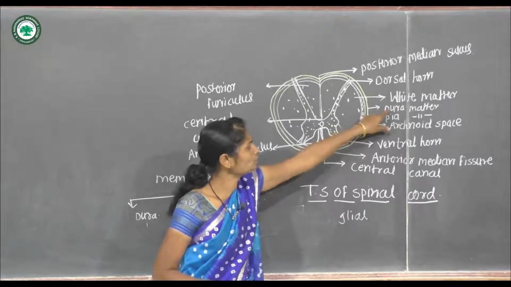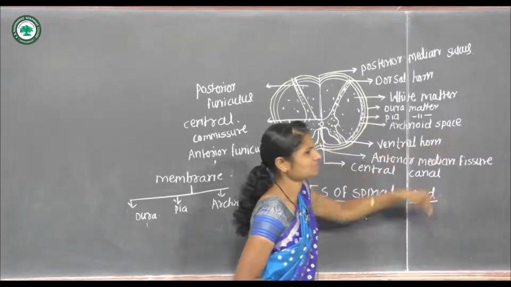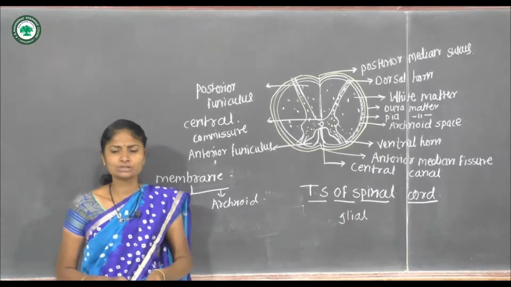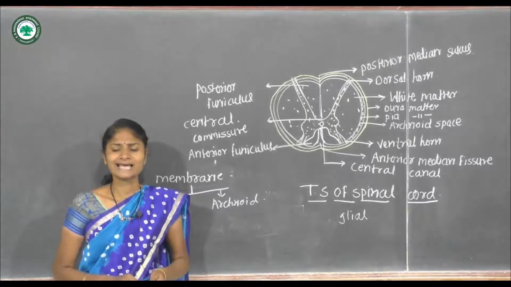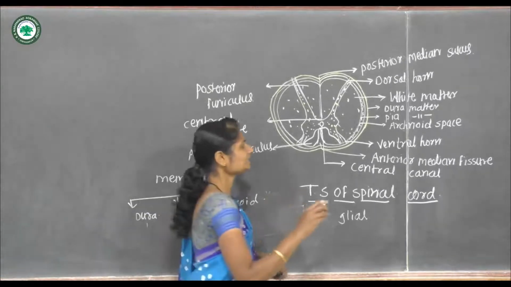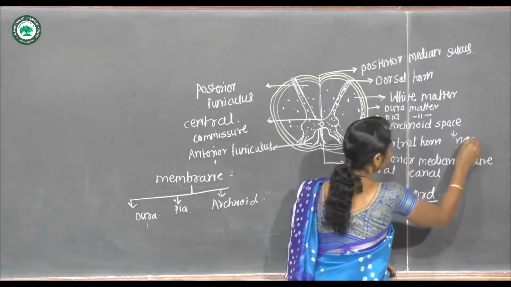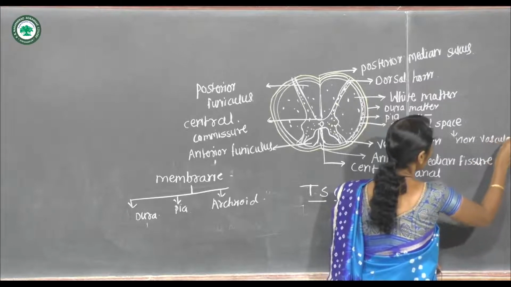In between the dura mater and pia mater, the arachnoid space is present, and this arachnoid space is also composed of collagen and a few elastic fibers, and is non-vascular in nature. Non-vascular means blood vessels are absent.